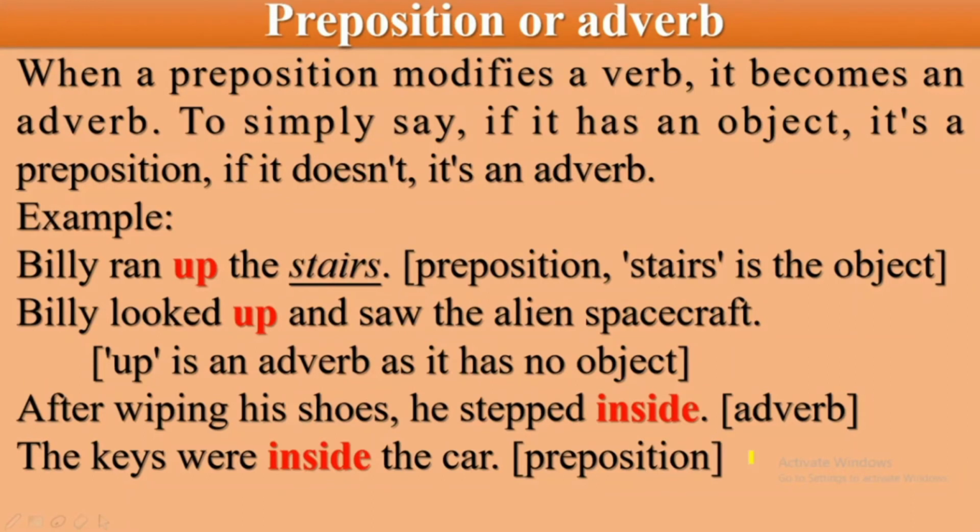To simply say, if it has an object, it's a preposition. If it doesn't have an object, it's an adverb. Here are some examples. Billy ran up the stairs. In this sentence, up is a preposition because the word up has an object, that is stairs.